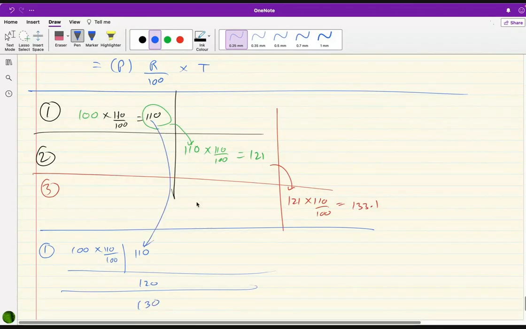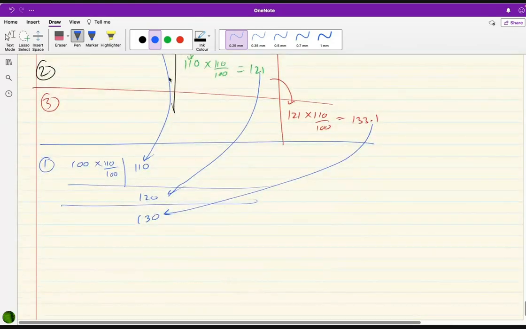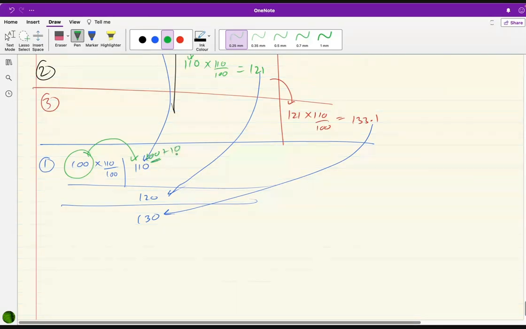So that was 110, 120, and 130 in comparison to these values. Getting the point? Yes, sir. Because first we owed the bank 100, but now we owe 100 plus 10. So 10 was interest on 100, and on this 10 we still owe 10%, that is $1. So we add them to make 121 next year.